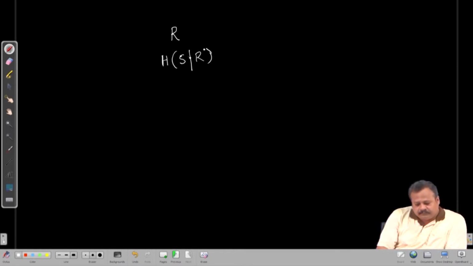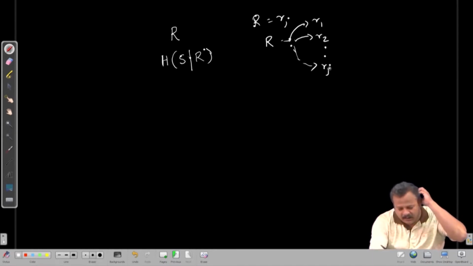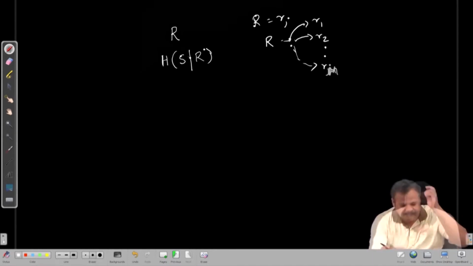That is, we know that a certain R has occurred, that is R is equal to a particular Rj. So, for that matter, first let us define the random variable R to take on values from R1, R2 up to Rm, let us say.